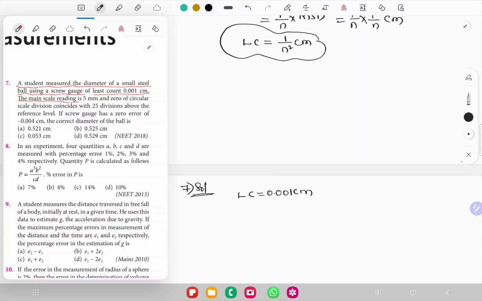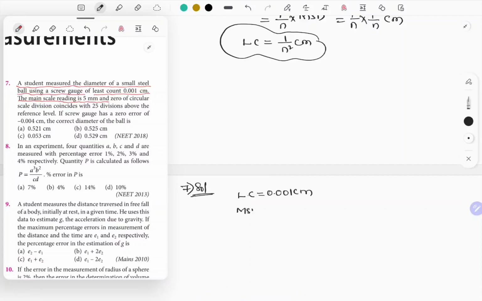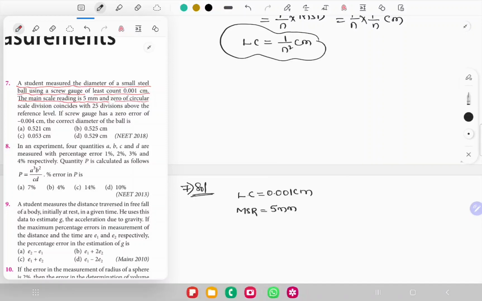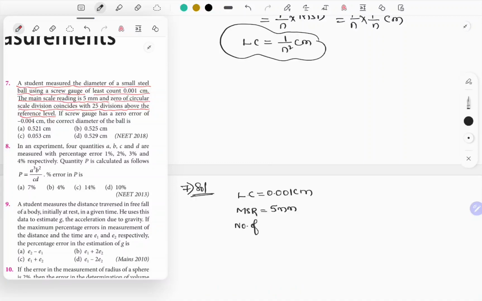Next, what's the data they have given? The main scale reading is 5 millimeter. Next, 0 of circular scale division coincide with 25 divisions above the reference level. Number of circular scale divisions also they have given, which is equal to 25.